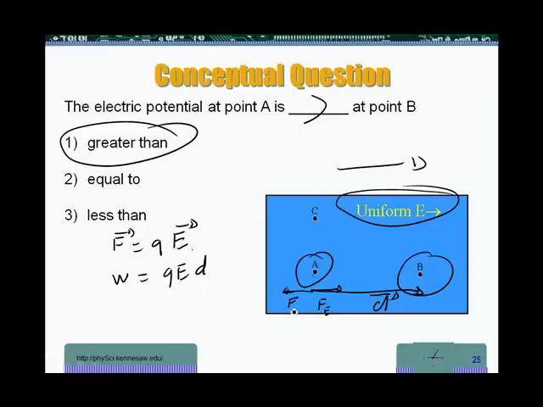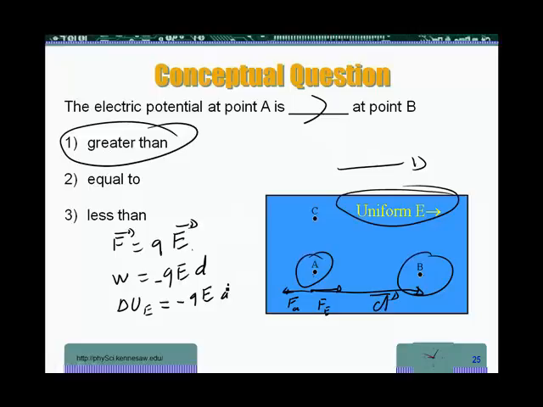So this is the force exerted by me, the applied force. Which means my work is going to be negative, and the change in electrical potential energy is going to be negative, minus QE times D.